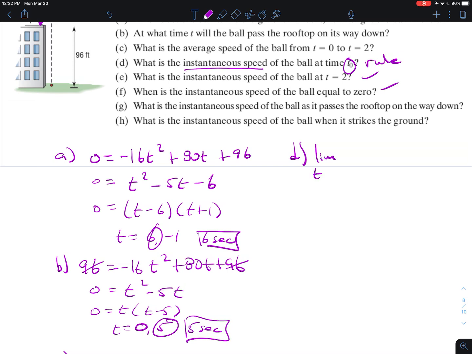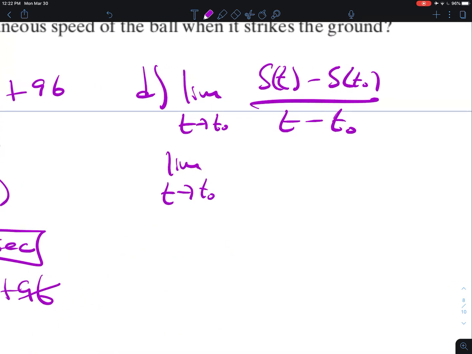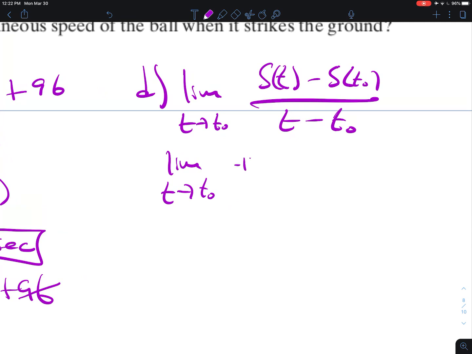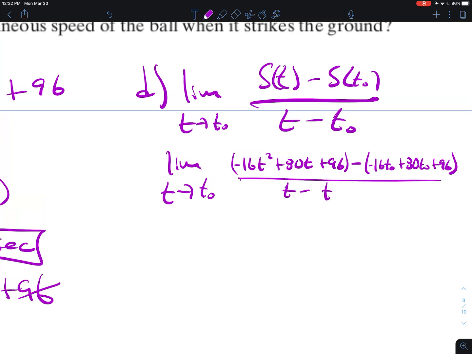So this is going to be the limit as t approaches t null of s of t minus s of t null over t minus t null, which is the limit as t goes to t null of negative 16t squared plus 80t plus 96 minus, that same expression but with t null, negative 16 t null squared plus 80 t null plus 96, over t minus t null.